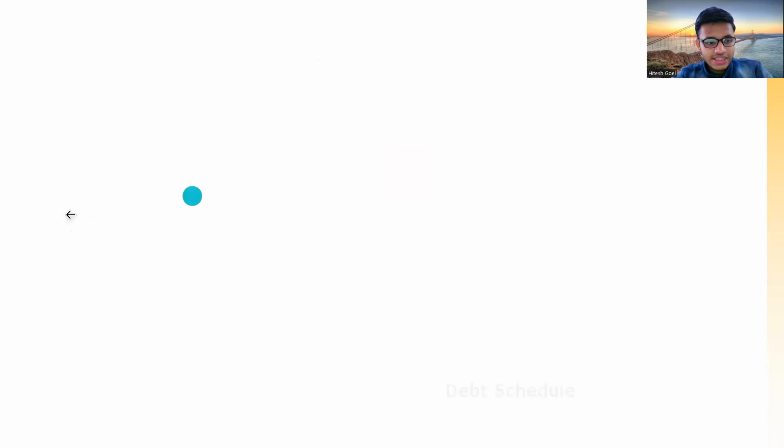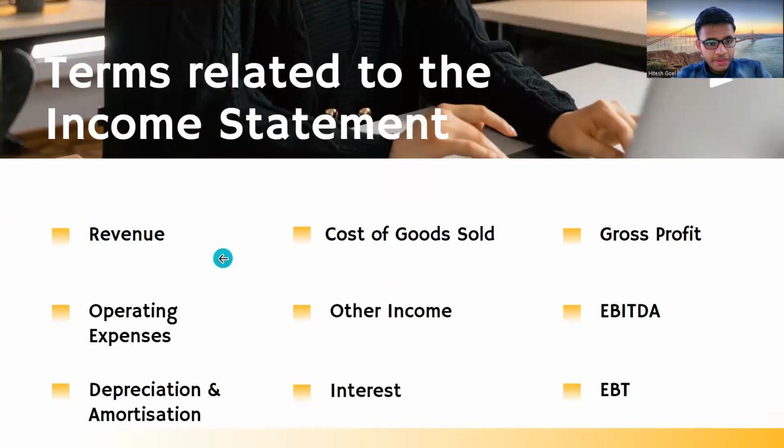So let's talk about the income statement. As I said, if you are a commerce student, you are most probably very clear about that. There are some basic terms in the income statement that you need to understand, which is revenue. What is revenue?